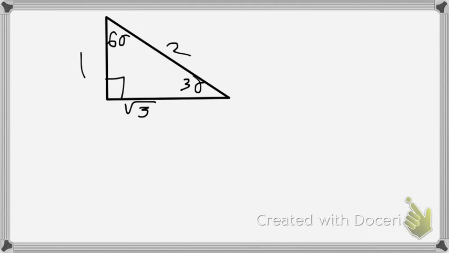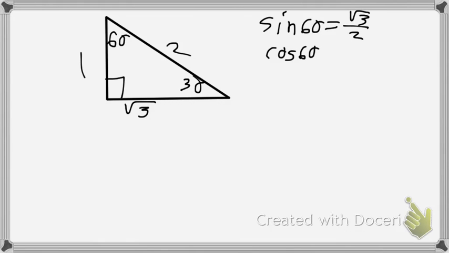So here we have our basic 30, 60, 90 triangle. We know our sides are 1, square root of 3, and 2. Now as big as we make this triangle, we could triple it in size, and the same basic ratio of 1, square root of 3, 2 would exist. So what is the sine of 60? Well, the sine of 60 is going to be opposite, square root of 3, over the hypotenuse, 2.